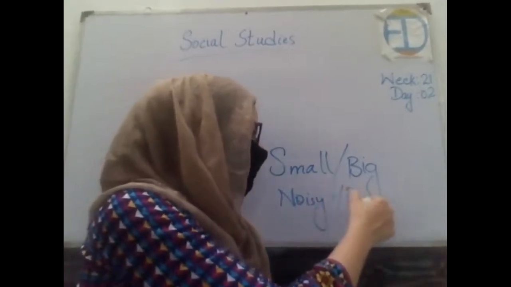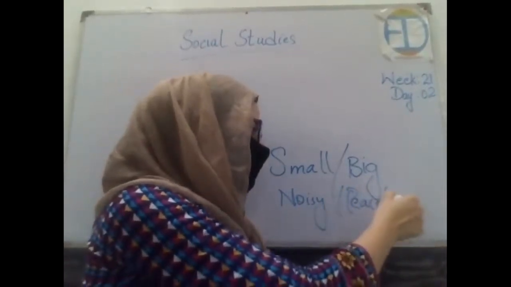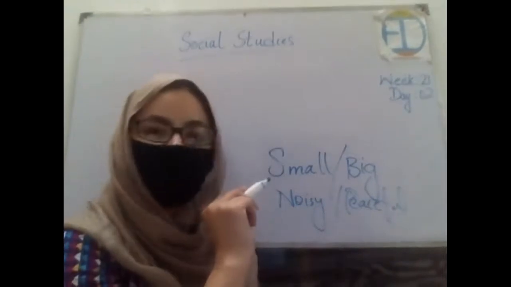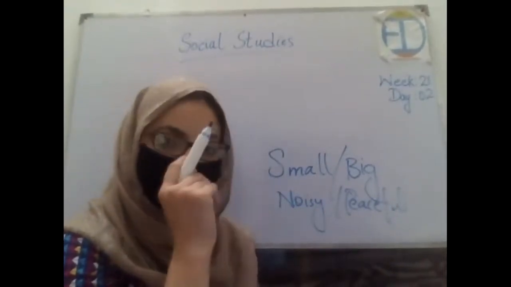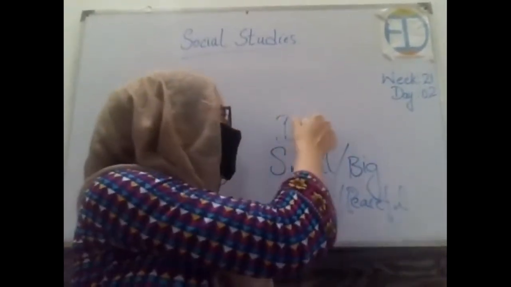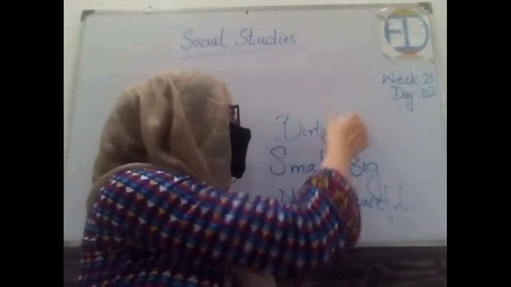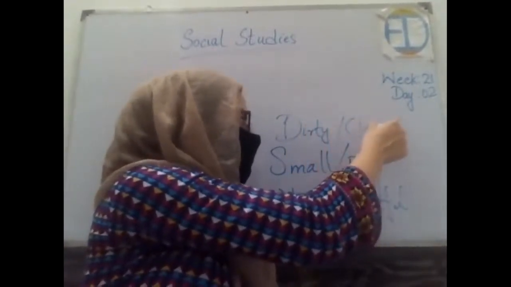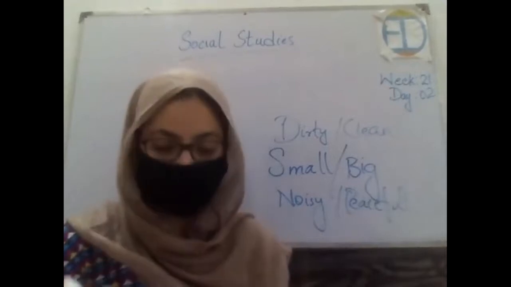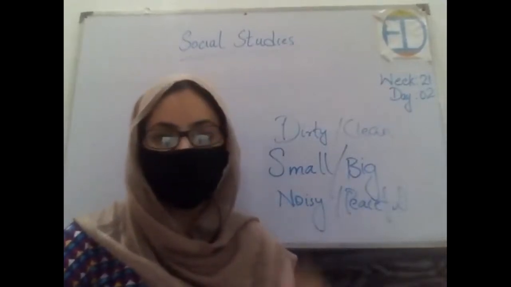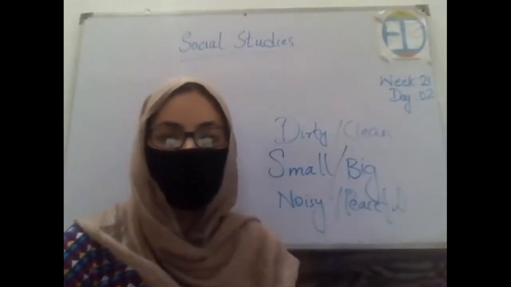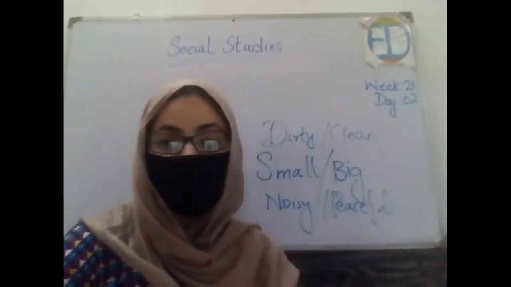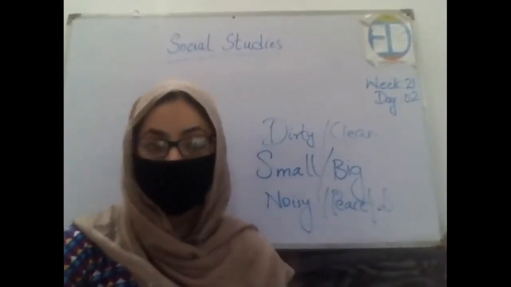Very good. And there was another one as well. What was that? Dirty and clean. Excellent. How many of you have revised it at home? All of you? Very good. I also asked you to observe your neighborhood and tell me in which category you lie.